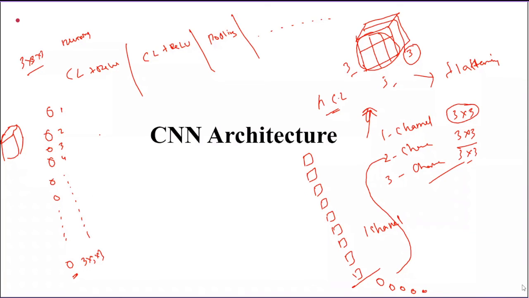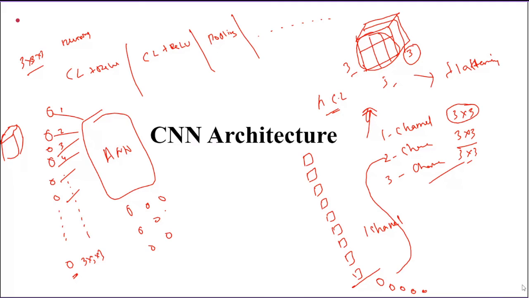And after this, it will be given as an input to the artificial neural network. We know that an artificial neural network is nothing but a combination of different hidden layers. If we are doing a 3-class classification, then the output layer will have 3 neurons.